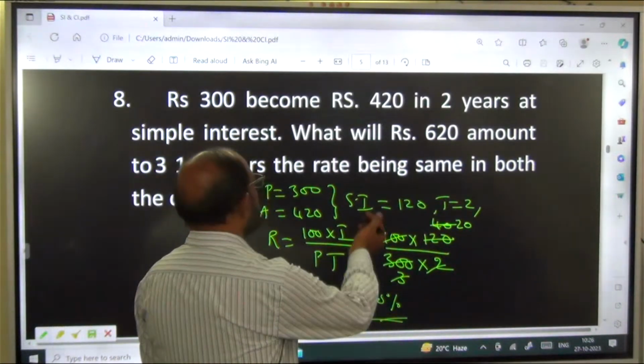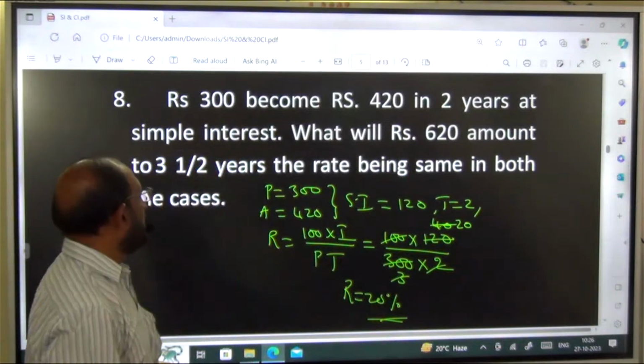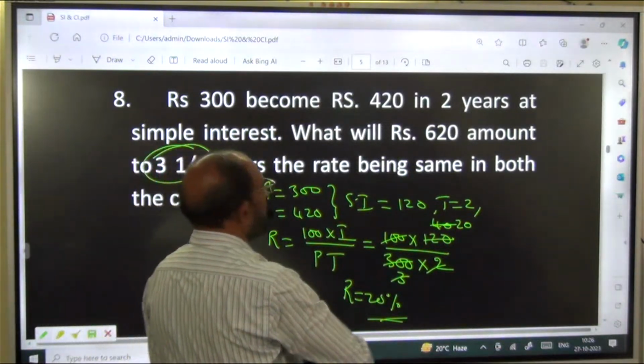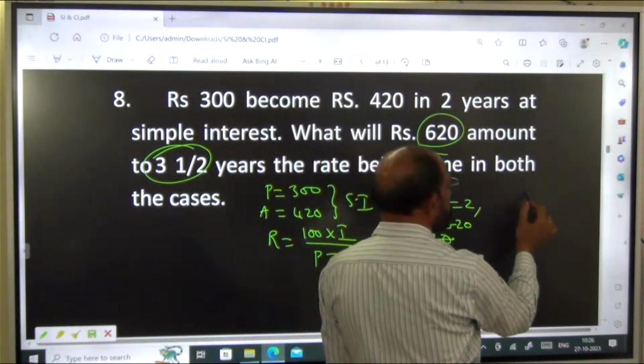Apply this rate of interest for the second condition. 3.5 years is given. Then 620 is the principal.